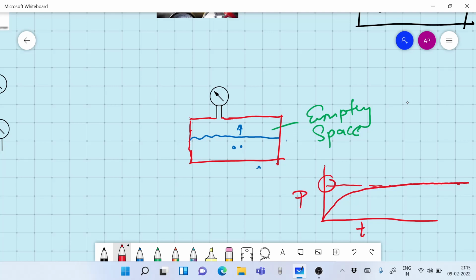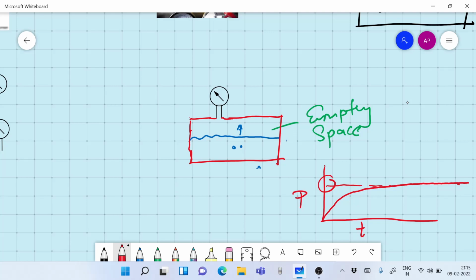Saturation means what? You can take it no more. So the vapor space which is above the liquid surface can take it no more. No more vapors, please. So that's known as the saturation condition.